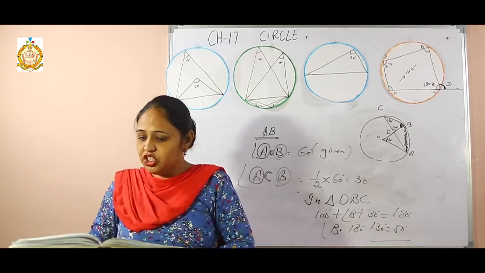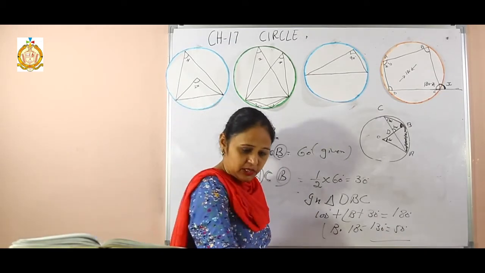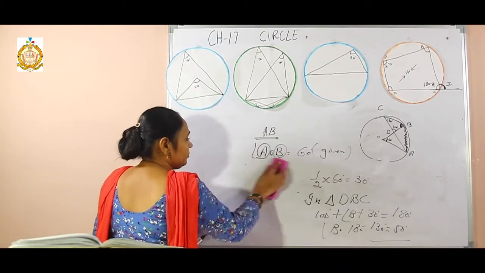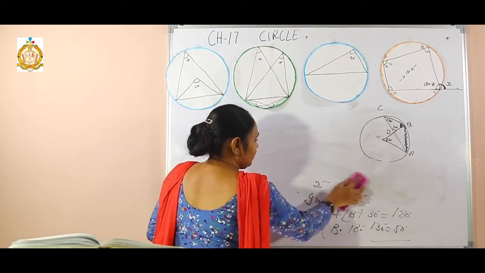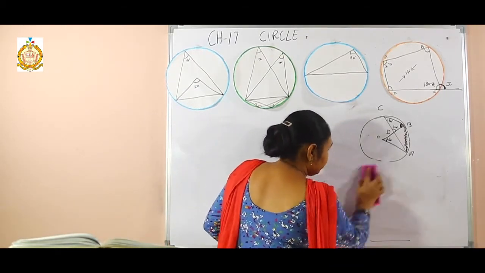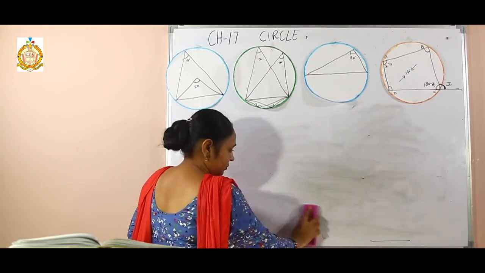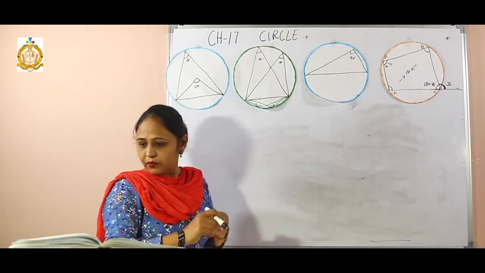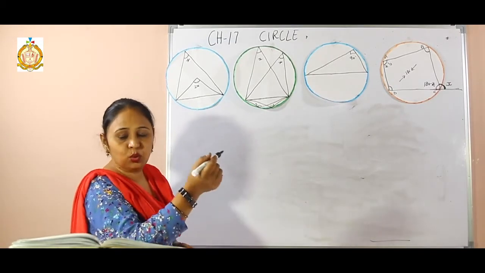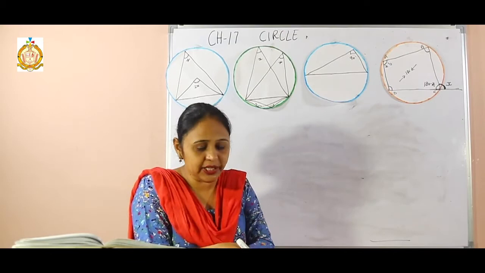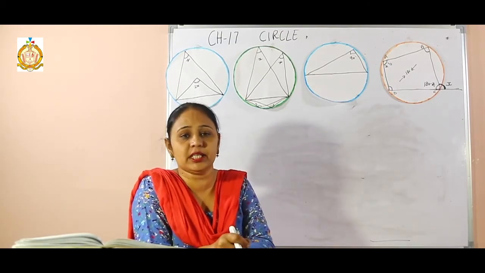That is sum number 19. Now see. In this sum, a figure is given. Now two things are there: concentric circles. What is the meaning of concentric circles?